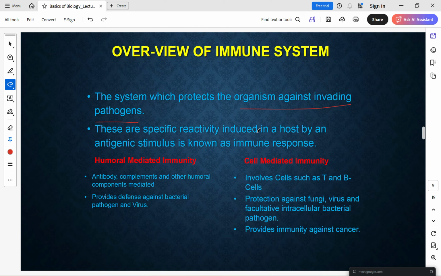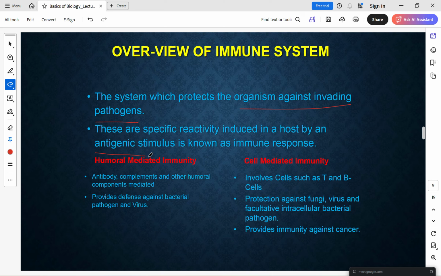If the immune system finds something that does not have the markers of self, then it knows that these cells are not from my own body, therefore I need to mount an immune response against it. The self and non-self distinction comes from antigens, and because of the presence of the antigens, the immune system mounts an immune response.